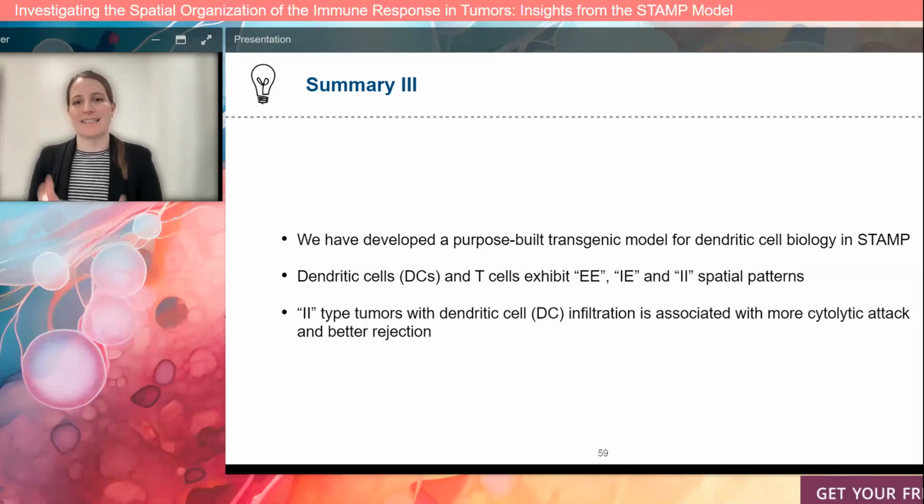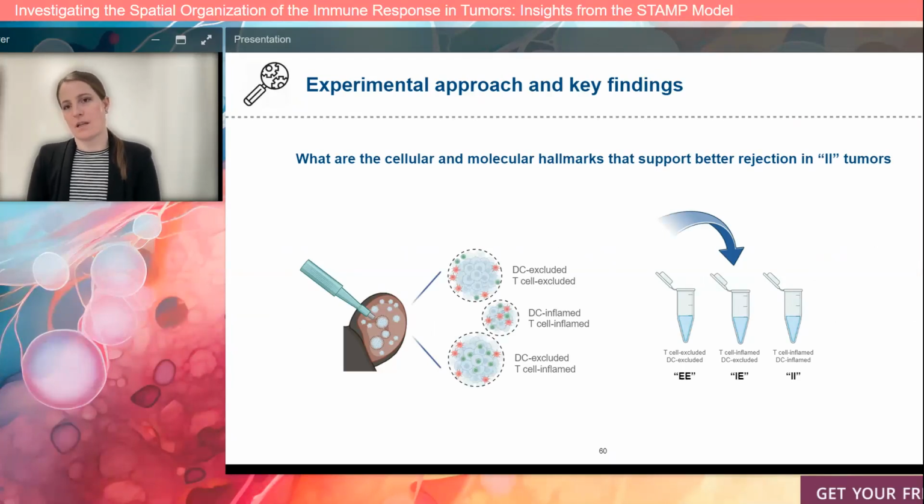And we've shown that these doubly inflamed, or co-infiltrated, tumors with dendritic cells and T cells have more cytolytic attack and better tumor cell rejection. And so now our work is focused on exploring what are the cellular and molecular hallmarks that are supporting better rejection in these co-infiltrated tumors, and how might we be able to leverage this biology to develop better ways to modulate the microenvironment to promote response.